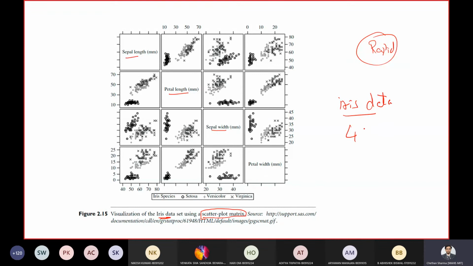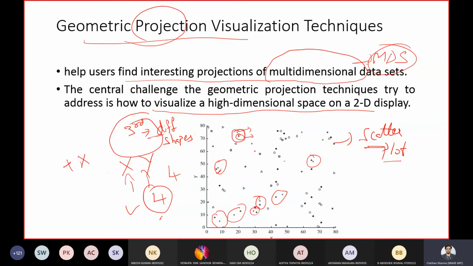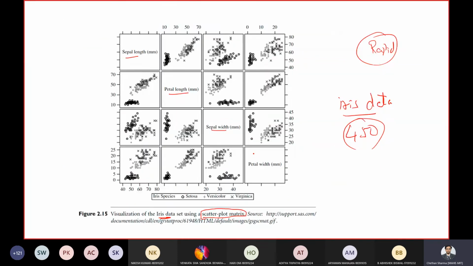This dataset in general contains 150 data samples with these 4 dimensions. But if you want to plot this using a normal scatter plot, you might not get an effective visualization.